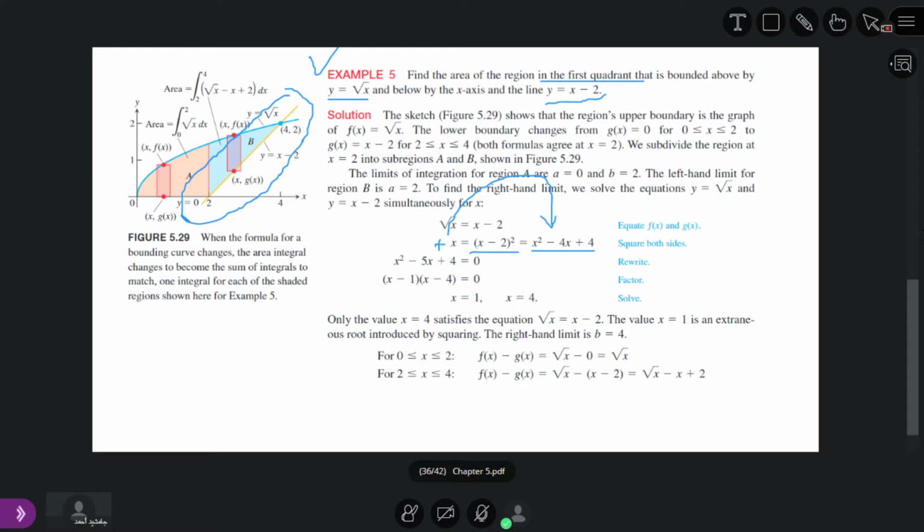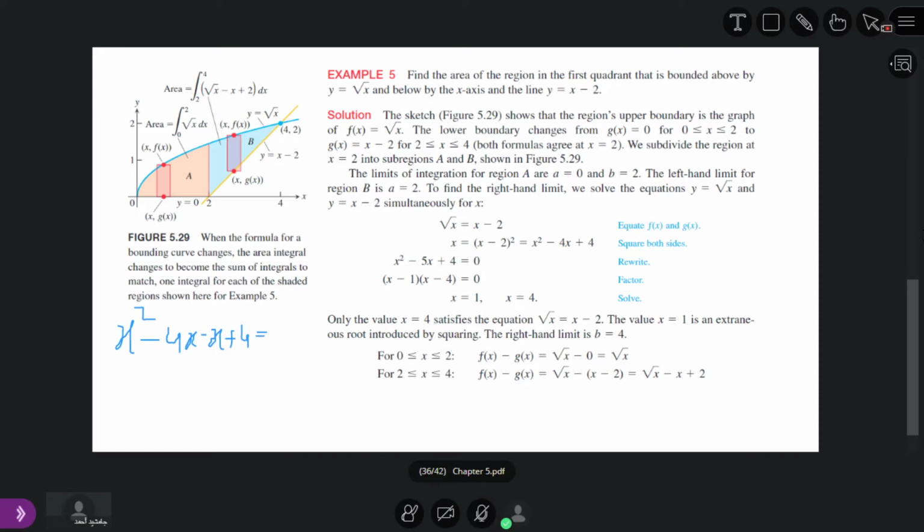Now we factorize this. How can we factorize this? We put here x squared, and here we have minus 5x. So we write minus 4x minus x plus 4. It is equal to 0.